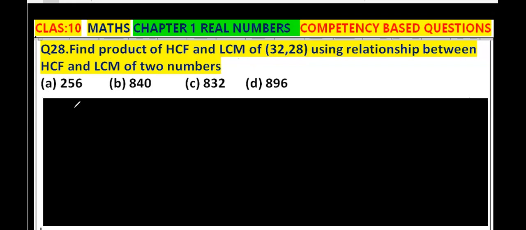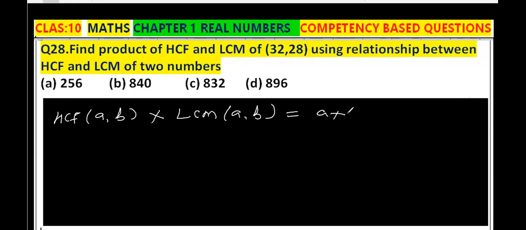The product of SCF of A and B and LCM of A and B is given by A into B. Here the two numbers are 32 and 28, and their product is 896. So D is the correct option.